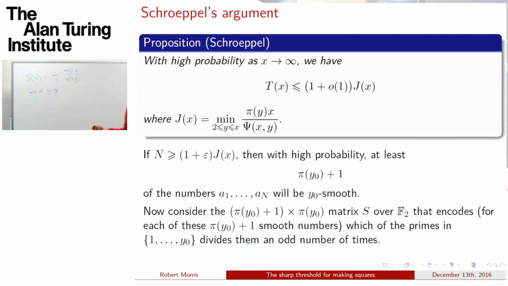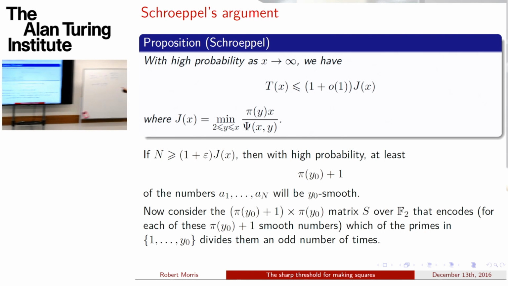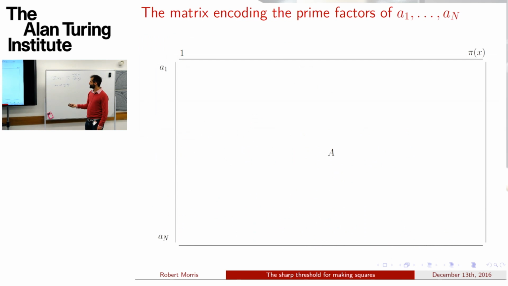Now let's consider a 0-1 matrix that encodes prime factors. So this matrix can be important, so let me show you a picture of it. Okay, so the columns are indexed by the primes, and the rows are indexed by the random numbers. And you put a 1 if and only if, not quite if the prime divides the number, because we care about squares, it's if the prime divides the number an odd number of times.